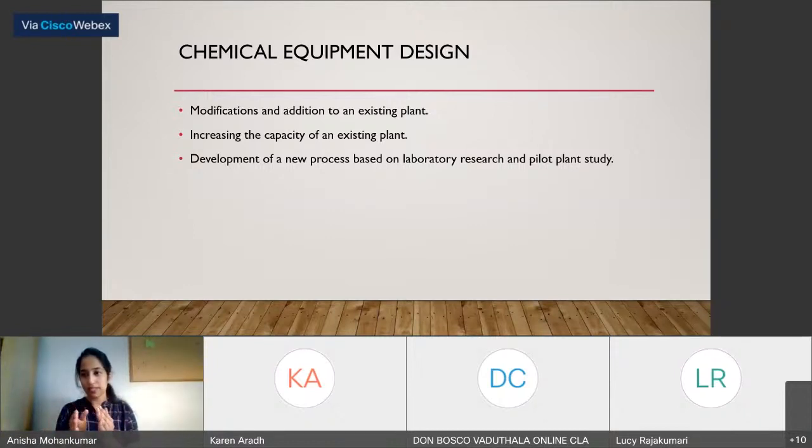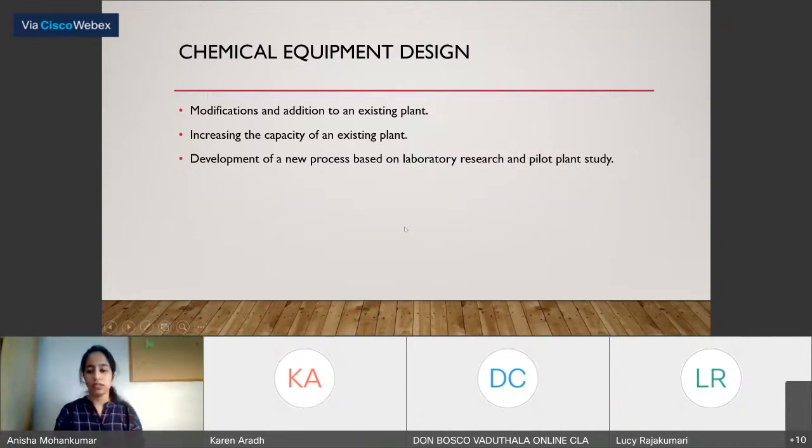So pilot plant study is in between lab and industrial scale production. It's not very small, but it's not very big. It's an in between study where you don't have to invest a lot of money, but you can understand all the aspects of industrial scale production as well.